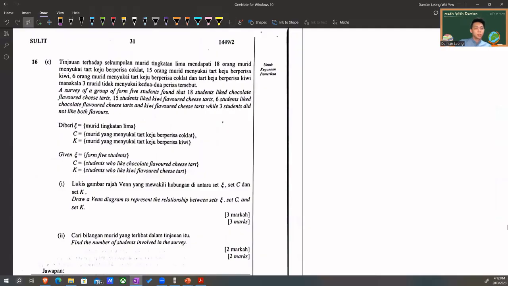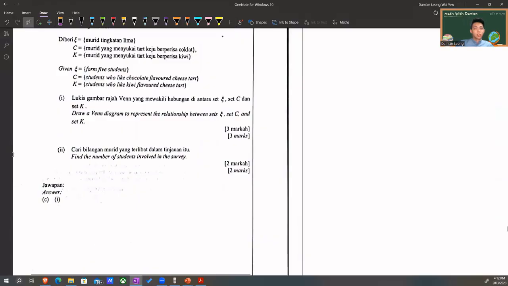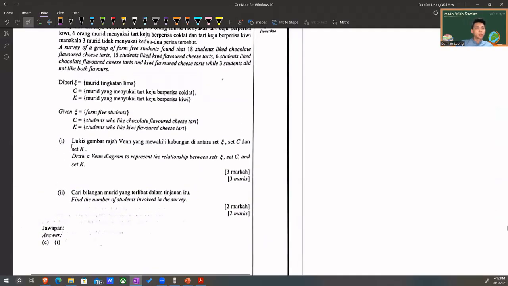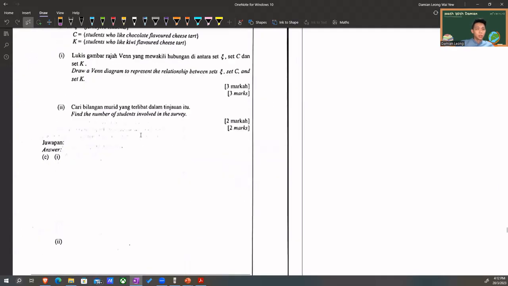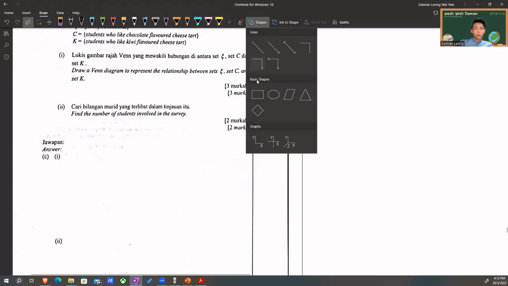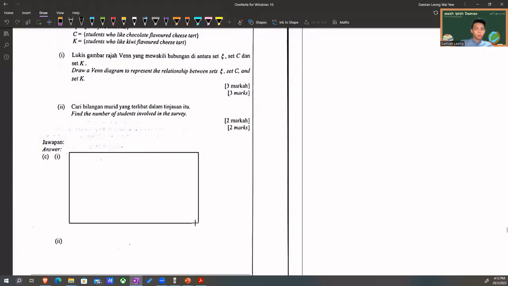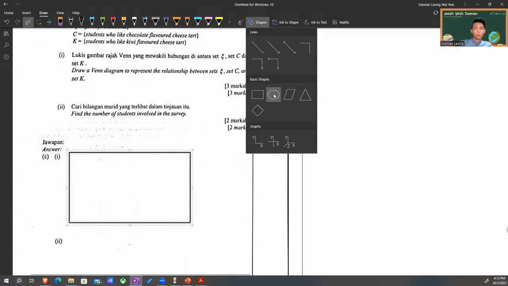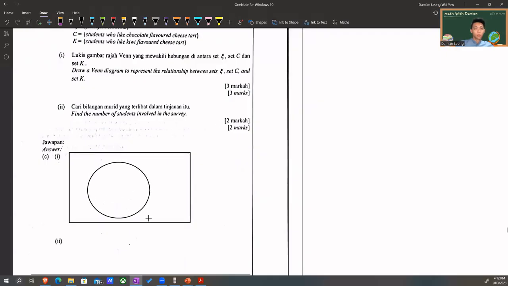Then part C, draw a Venn diagram representing the relation between set C and set K. So set C is students who like chocolate flavored cheese tarts. K, students who like kiwi flavored cheese tarts. So Venn diagram, want it to be like this.